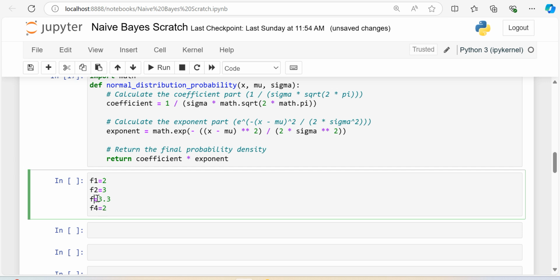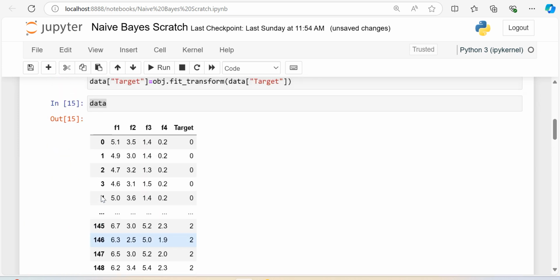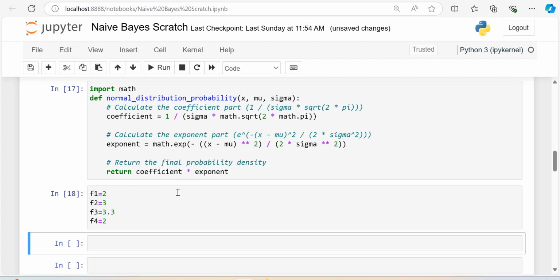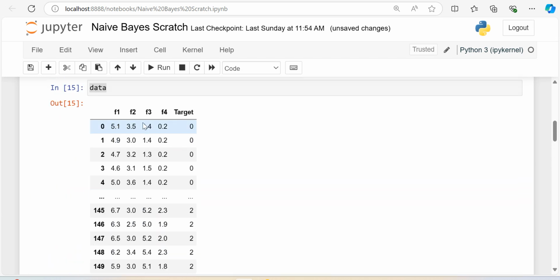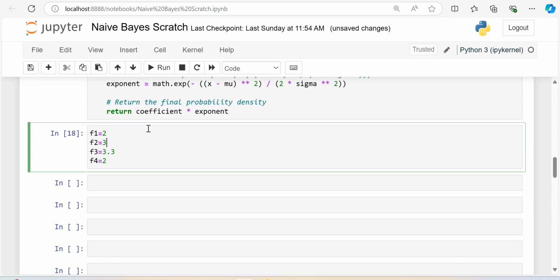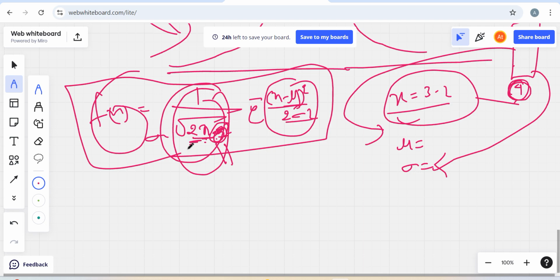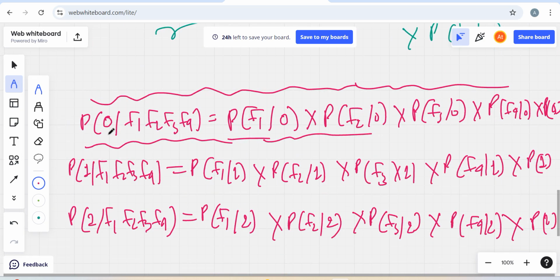Now I actually want to classify whether this belongs to class 0, class 1 or class 2, right? Why do I take 4 features? Because in the data we have 4 features. Let me calculate the probability for this. You know we have to first calculate probability 0, probability 1 and probability 2. Whichever probability is higher, we can say this particular data comes from that particular group.